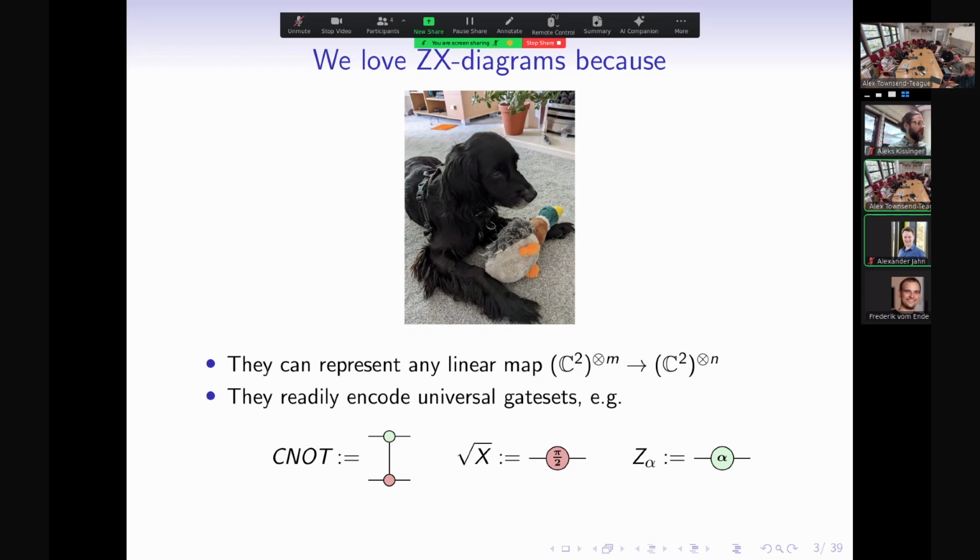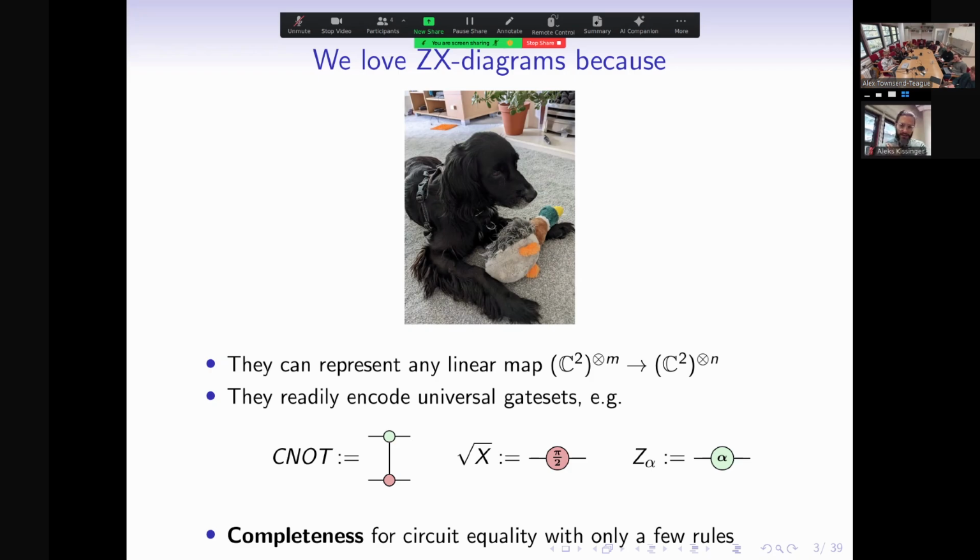You'll notice that I'll draw these things undirected quite a lot. I just put a horizontal edge between these two dots. I didn't say which is the input, which is the output. That's because these things are symmetric. In tensor network language, it doesn't matter if I take all the indexes up or down. It's really the same tensor.